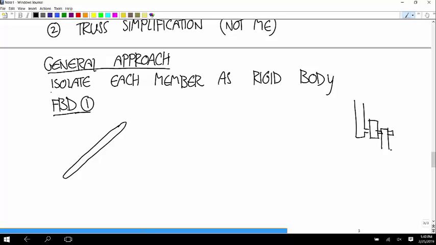This is just kind of a way to think about it. That would not be a very stable way to make that joint, but think of the pin as being part of member one, not part of member two, and not part of the ground.